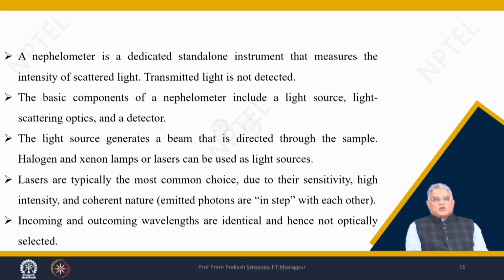Halogen and xenon lamps or lasers can be used as light sources. Lasers are typically the most common choice due to their sensitivity, high intensity and coherent nature, that is, emitted photons are in step with each other.